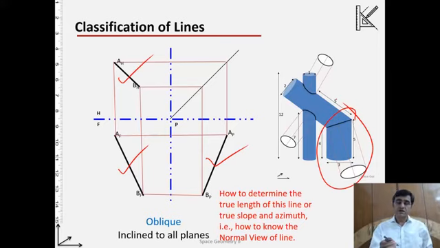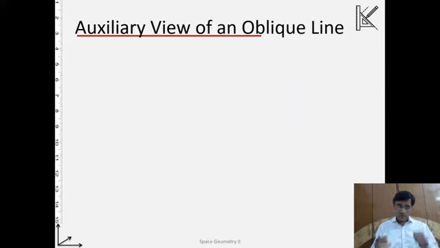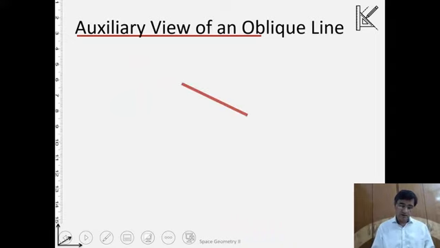We will see how to identify and locate this plane. This plane we will call the auxiliary plane, and the view will be the auxiliary view. I'll show you this by an animation, and we'll follow step by step.